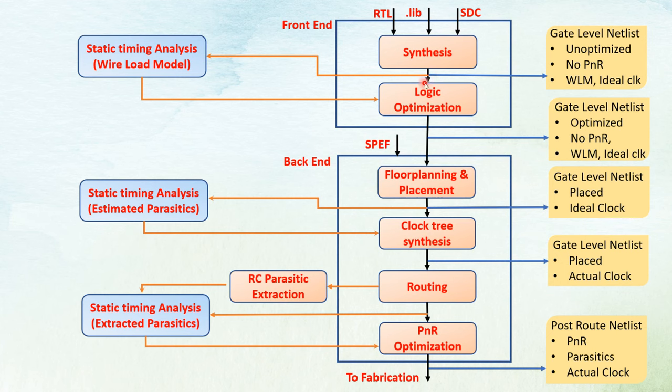If you don't, they will accumulate, and at the end of routing, when you have the exact parasitics, it will be really hard to resolve those issues, and really time consuming and area consuming also. So in order to resolve those issues, we do static timing analysis throughout our design flow.